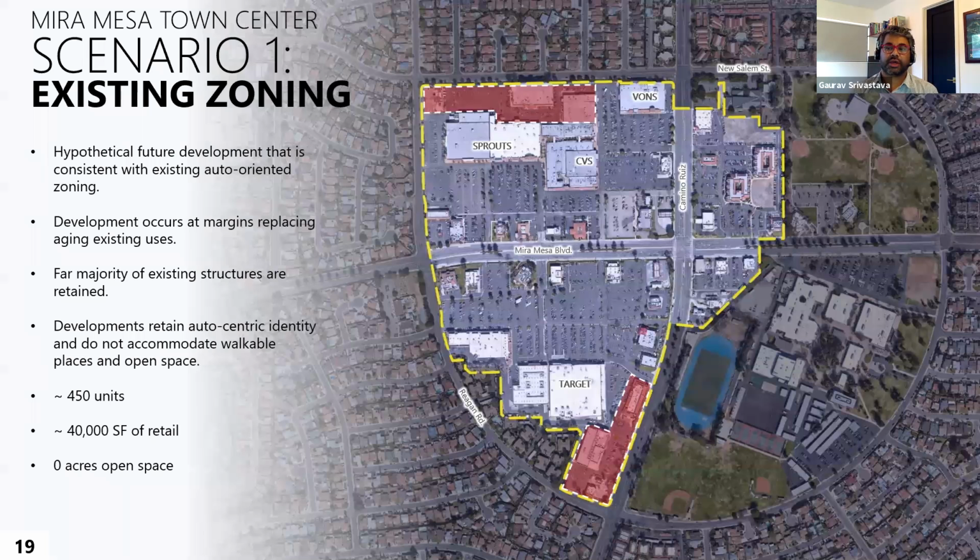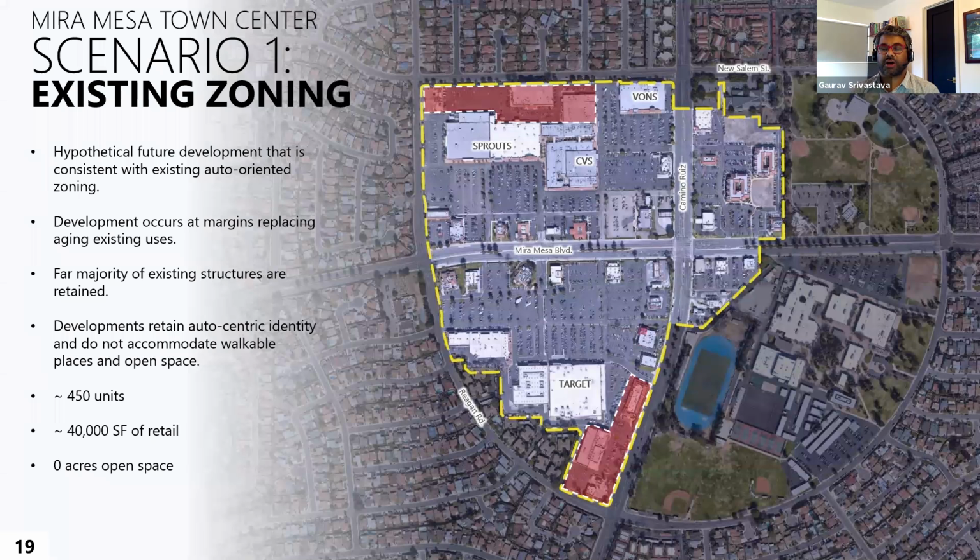And if there's no change to that policy, we have made assumptions on where future development might occur under existing policy. The two areas highlighted with the red tone on this diagram, just south of Target and north of Sprouts, are potentially marginal development sites that might accommodate residential and mixed uses in the future.